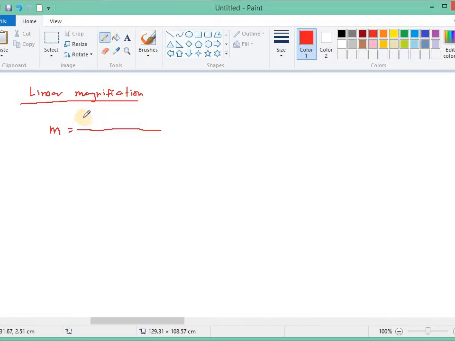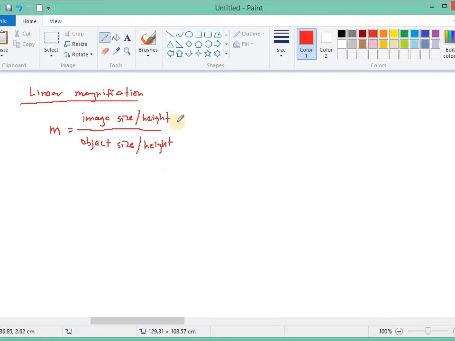Okay, image size or the height over the object size or the height.